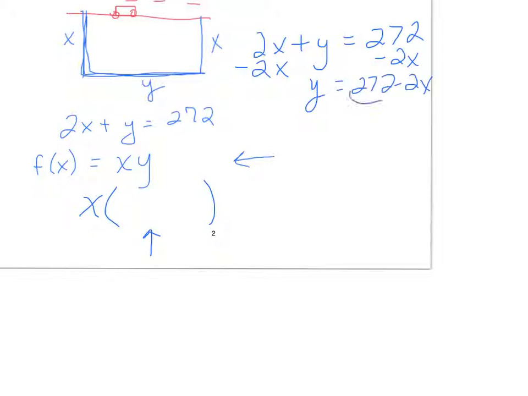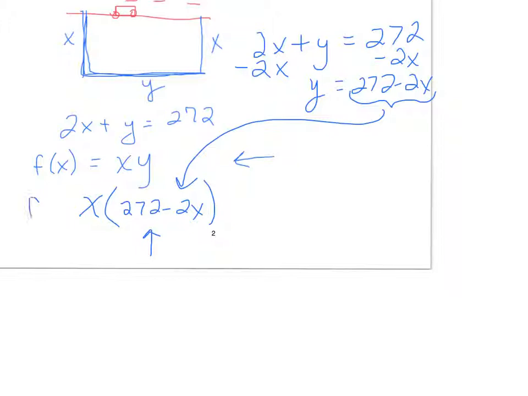And that is what I'm going to plug in here in the place of y. So you are redefining for y. It's the same step we did in the last problem. In the last problem, we got y by itself, and then we substituted that expression for it.